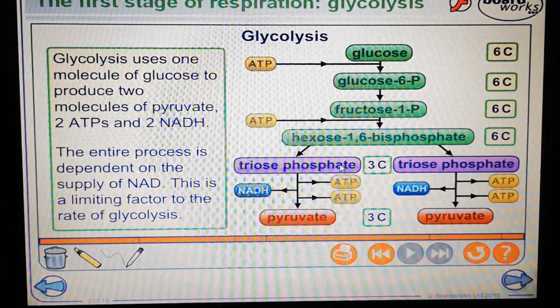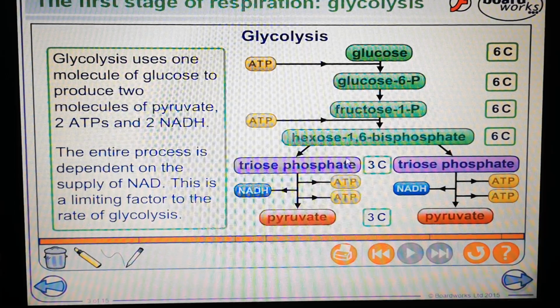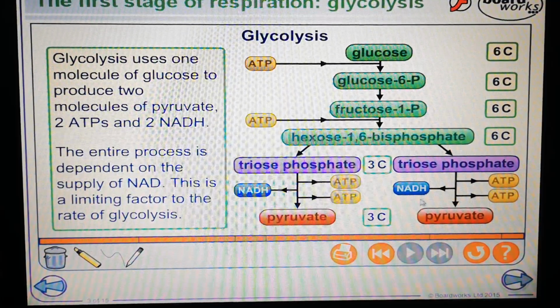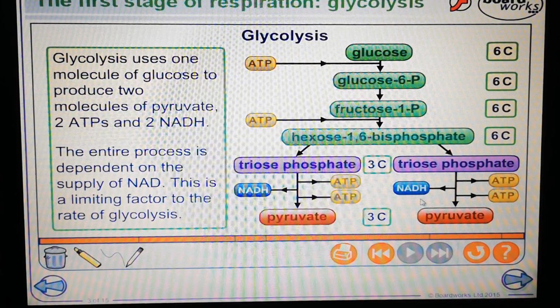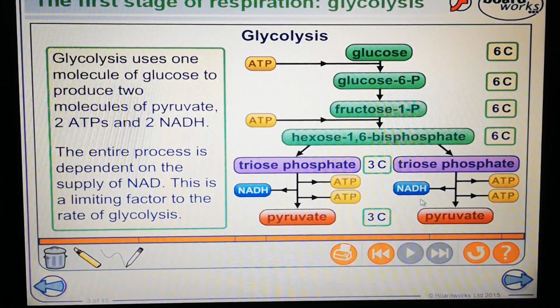But then down here, when we convert triose phosphate to pyruvate, we actually are creating 4 molecules of ATP. So 2 molecules of ATP go in, 4 molecules come out. So that is a net gain of 2 molecules of ATP.